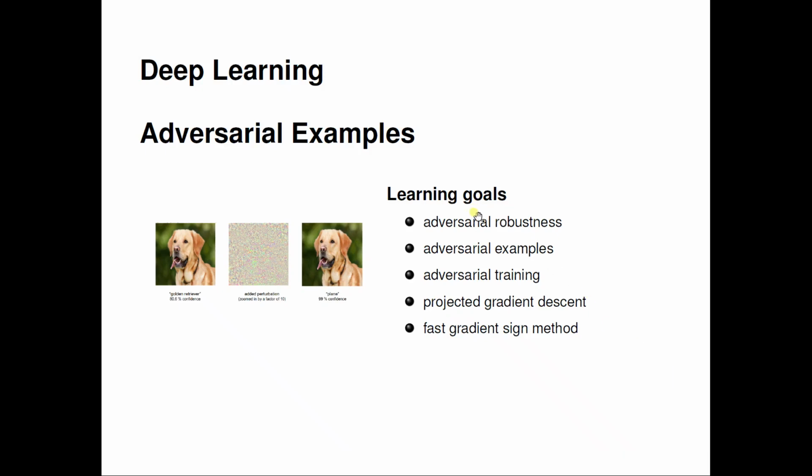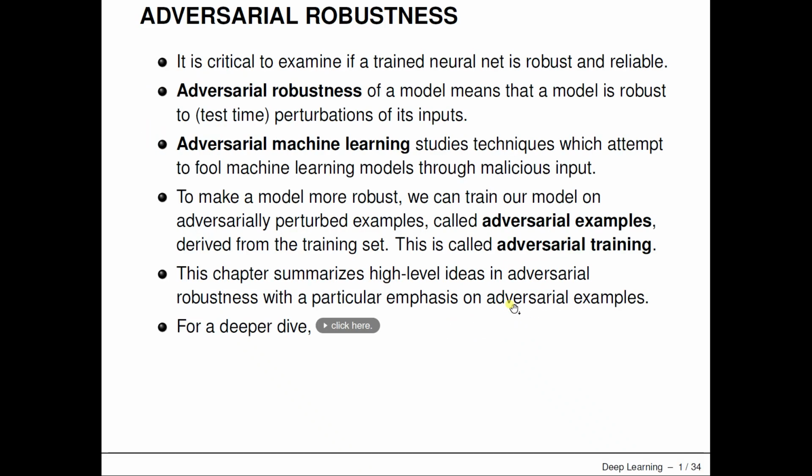Hello and welcome to the lecture on adversarial examples, where we will get to know about adversarial robustness, training, examples, and ways to generate them. Adversarial robustness describes the ability of a trained neural network or any machine learning model not to fail on the perturbed input images or inputs that are given during the test time.